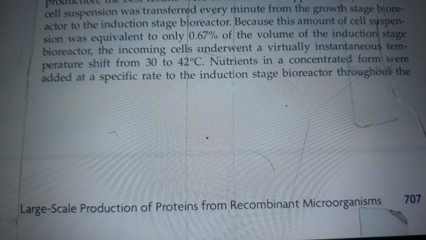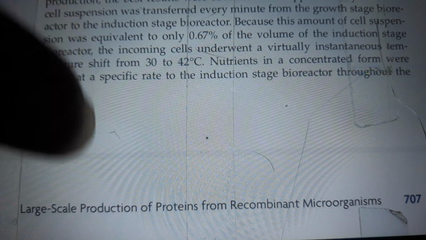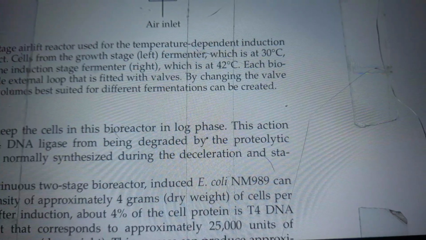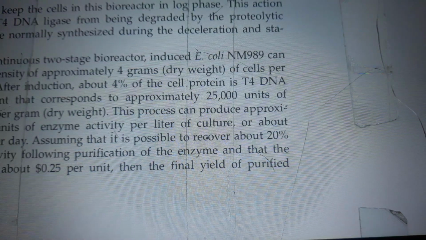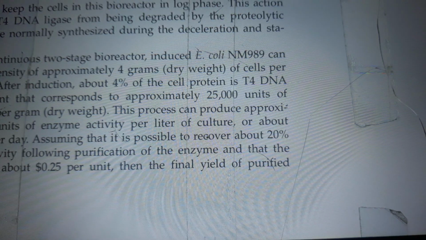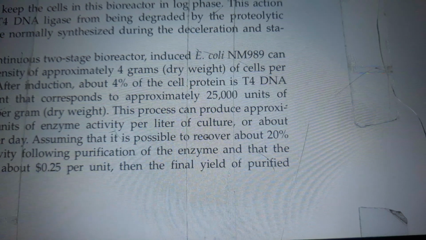Nutrients in a concentrated form were added at a specific rate to the induction stage bioreactor throughout the fermentation process to keep the cells in this bioreactor in log phase. This action prevented the T4-DNA ligase from being degraded by the proteolytic enzymes that are normally synthesized during the deceleration and stationary phases.